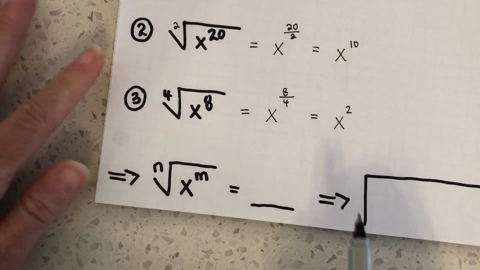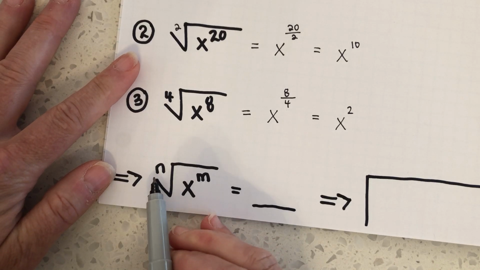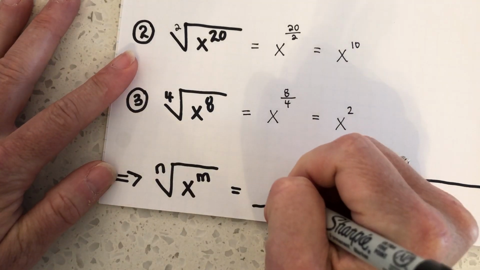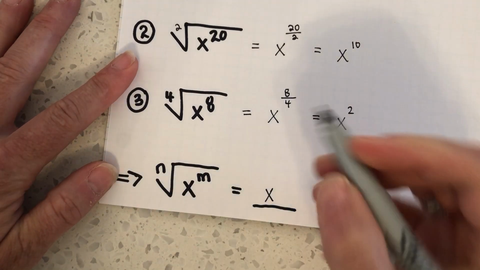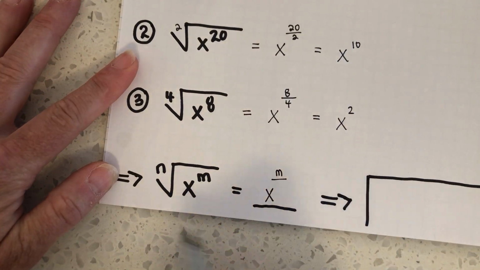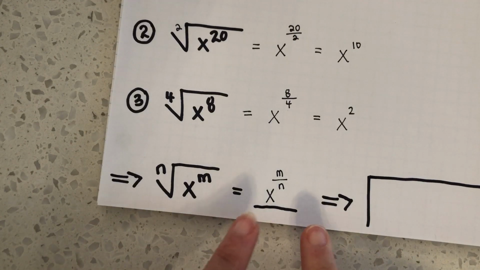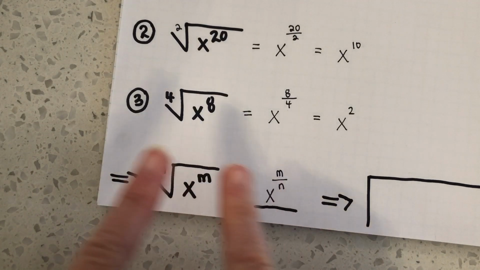So therefore, the rule is going to be the nth root of x to the m, using these rules, is going to become x to the power m divided by root n, right? These are equivalent. Well, all we're going to do is take this rule and use it backwards.